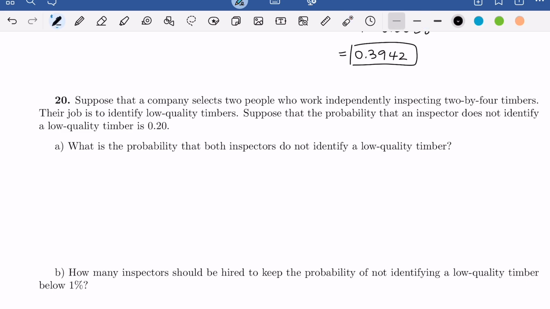So the probability that both fail, so they do not identify. So again, we're going to use our multiplication rule. So this is going to be the probability that the first inspector does not identify the low quality timber, so that's going to be 0.20, times the probability that the second guy also does not identify the low quality timber. This is going to give us 0.04, and so that will also be 4%.